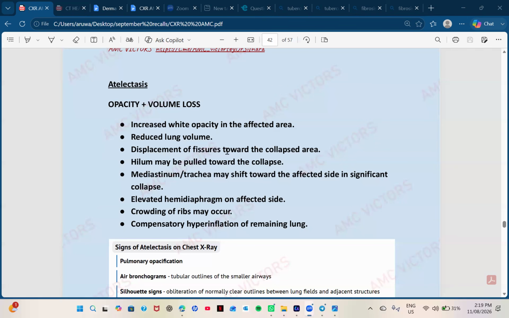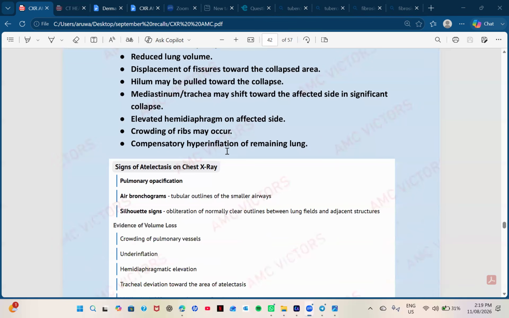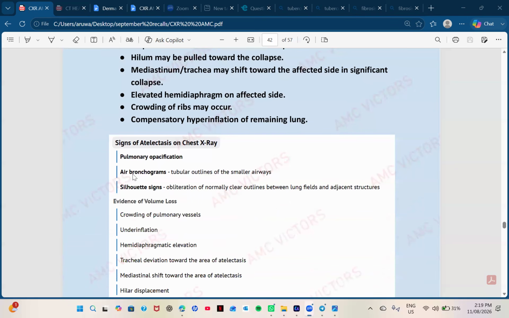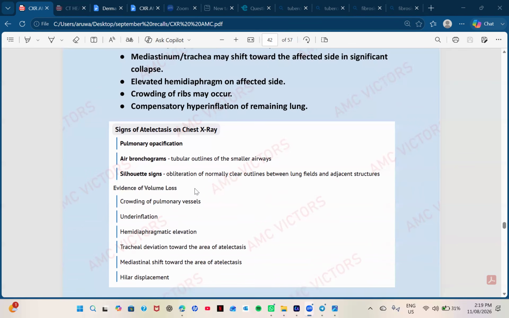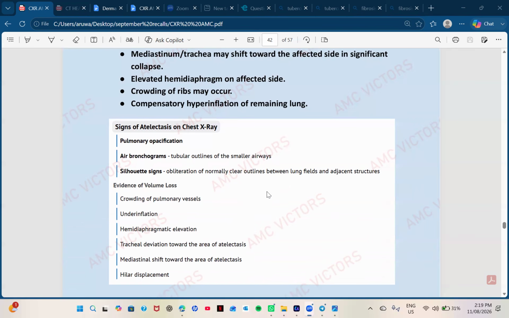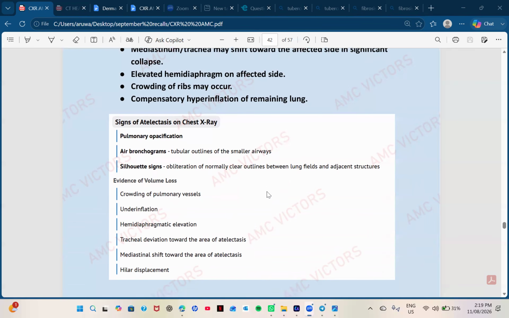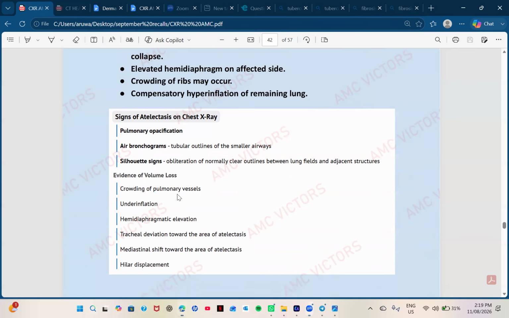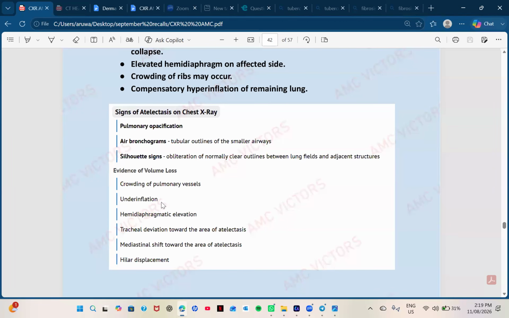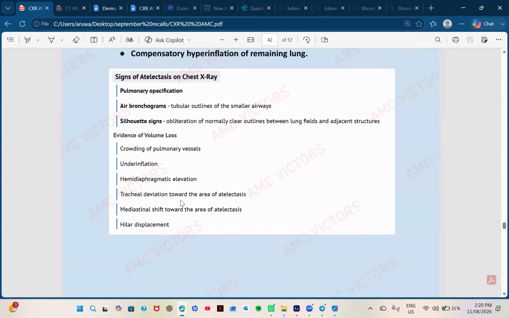You can see pulmonary opacities, then air bronchogram, the tubular outline of the smaller airways, and the silhouette sign, which is obliteration of the normally clear outline between the lung and adjacent structures. What are the features of volume loss? Crowding of pulmonary vessels, hemidiaphragmatic elevation, tracheal deviation towards the area of atelectasis.